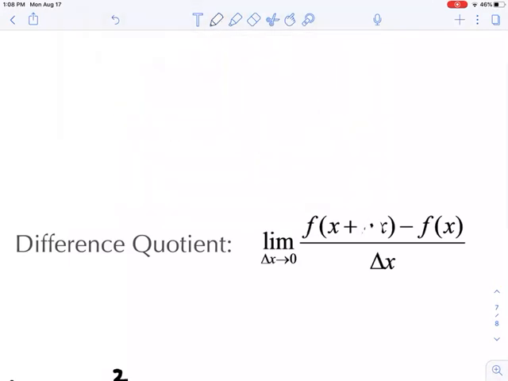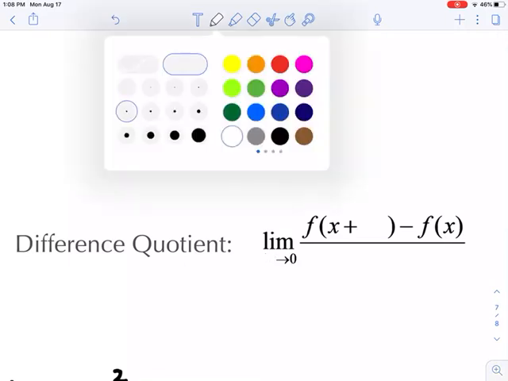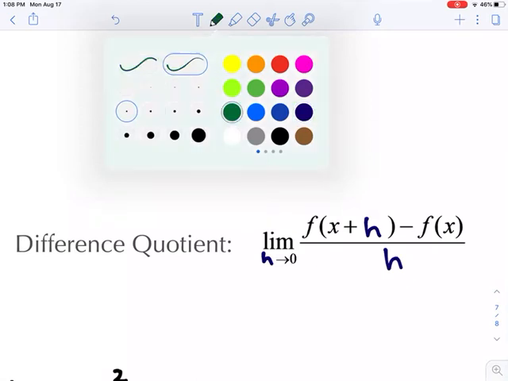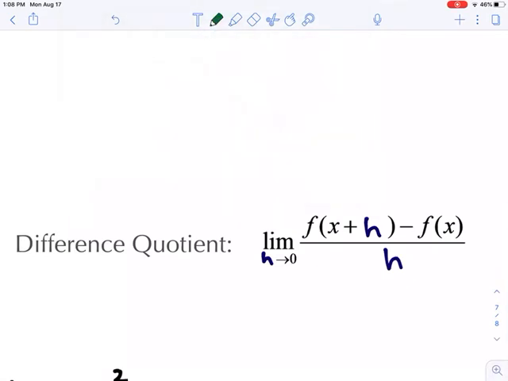I have no problem if you would like to change these to h's instead. I think that is easier to work with, especially as we're getting used to all of the notation and the algebra. So if you want to change these to h's, then I say go for it.